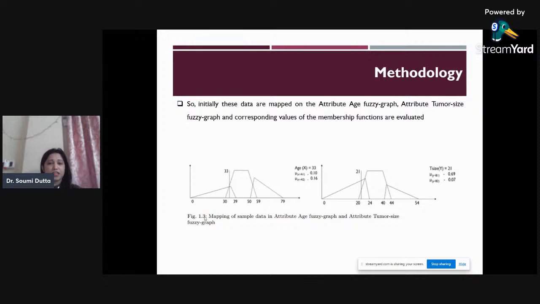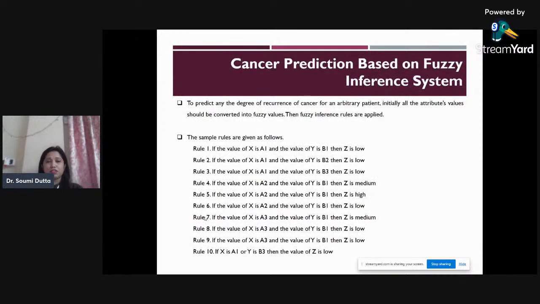This is how it should be mapped, and the corresponding membership value needs to be evaluated. Because fuzzification alone is not sufficient, when we get the fuzzy items we should also have the membership value. So this is how we should calculate, and I have calculated the fuzzy values in this way.